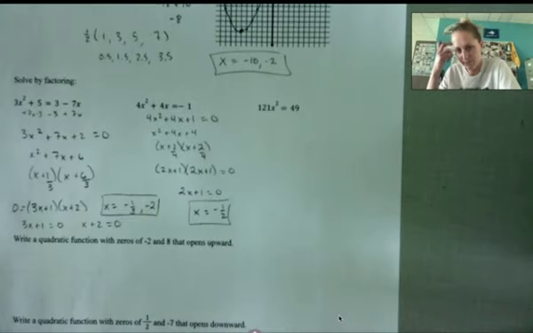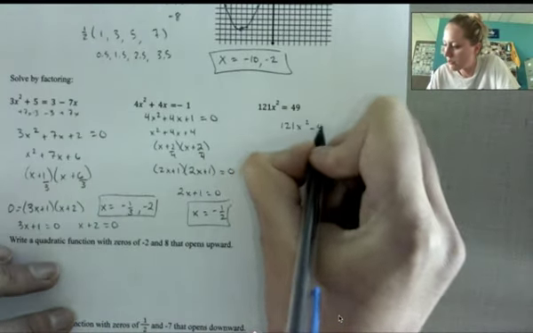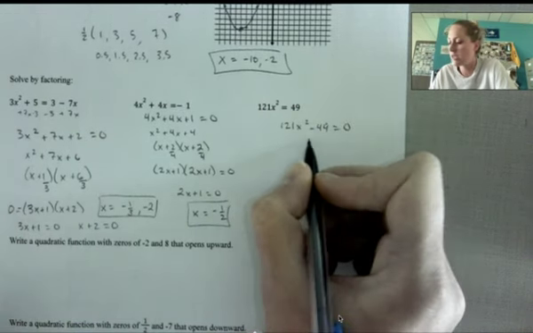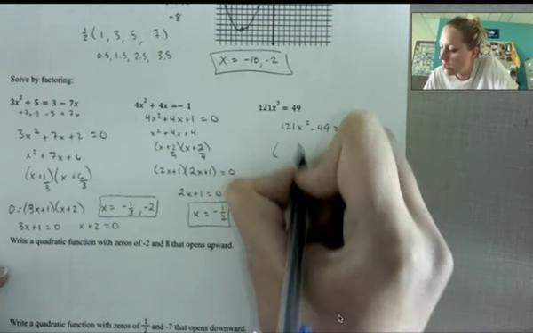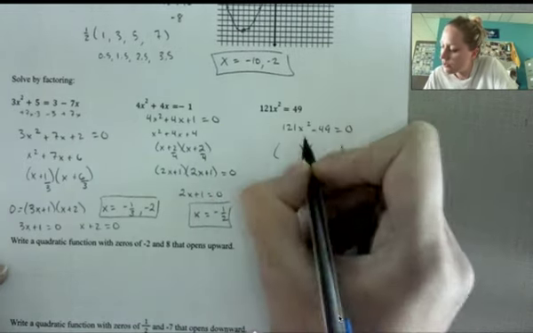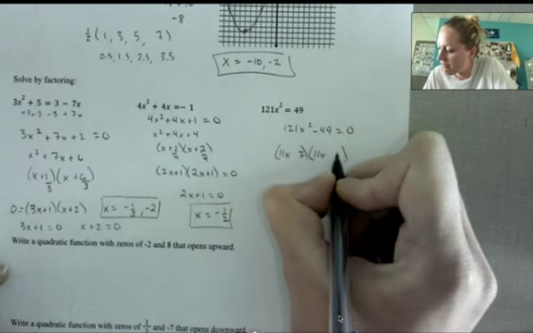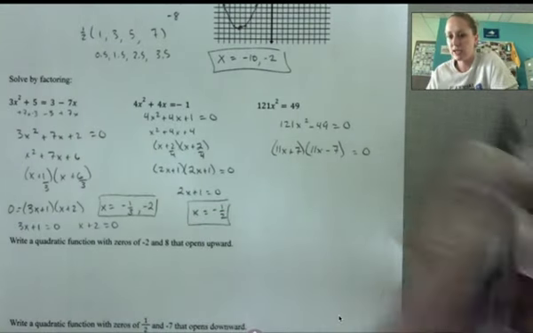Okay, here, set it equal to 0, so I'm going to do 121x squared minus 49 equals 0. Factor, it's 2 terms. I don't have a GCF, but those are difference of squares. So square root of 121x squared is 11x, and square root of 49 is 7, 1 plus and 1 minus. Okay, set each of those equal to 0.